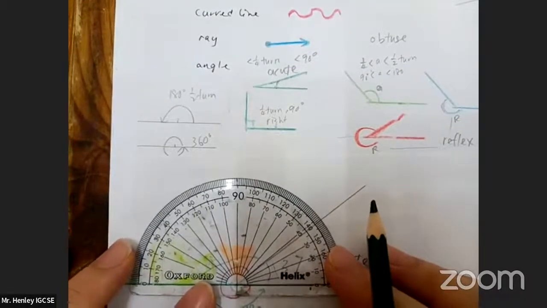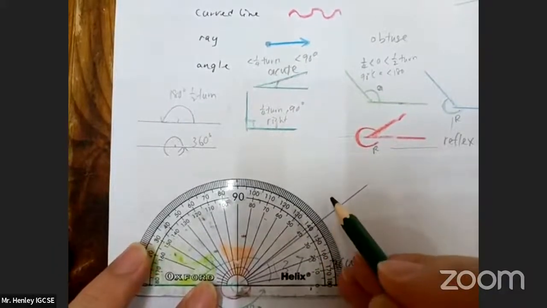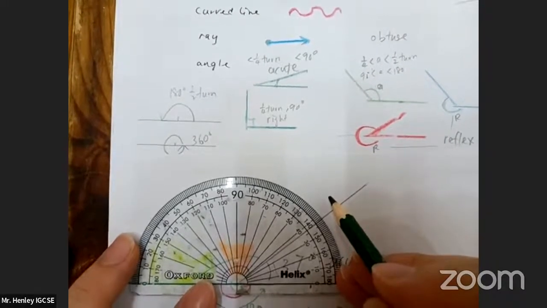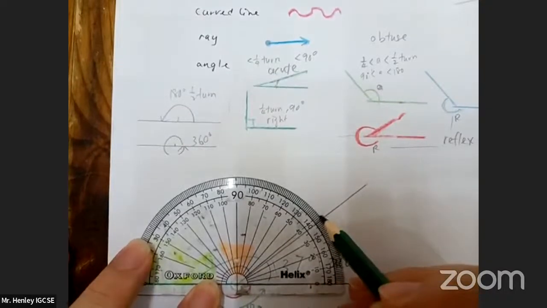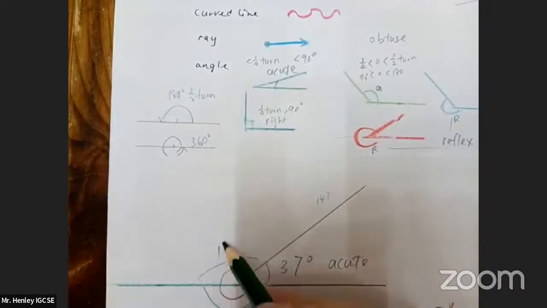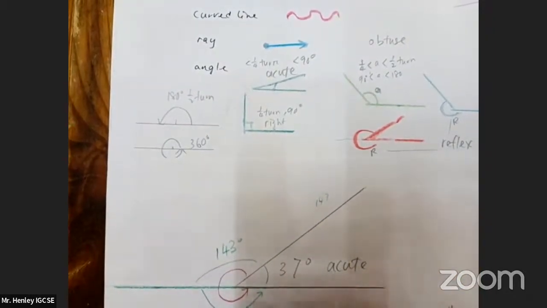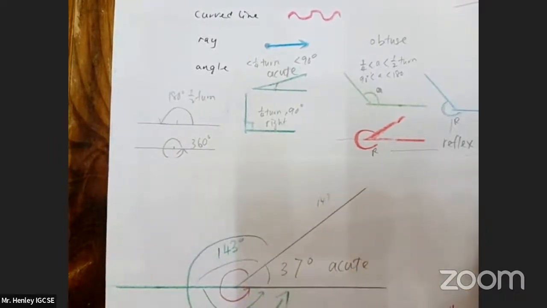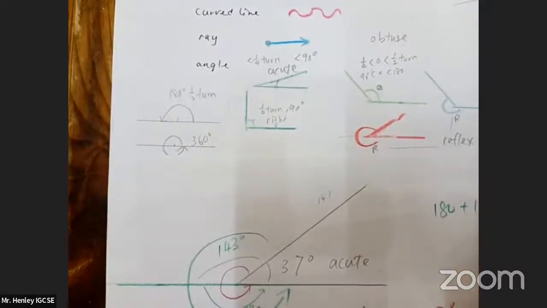The line should be hidden. Then you get 140, 41, 42, 43. So it's 143. You can add up the green color, this side and this side, to measure the whole reflex angle. It's 180 plus 143. Let's check.